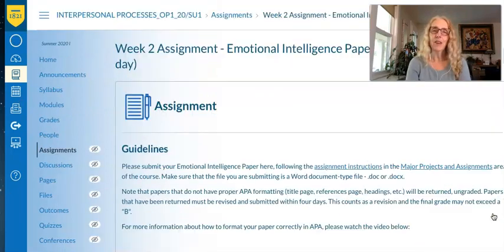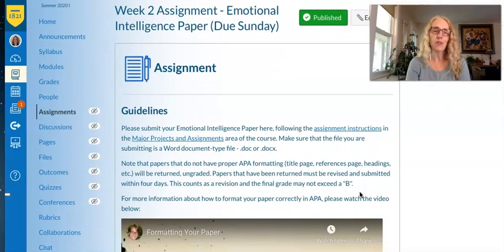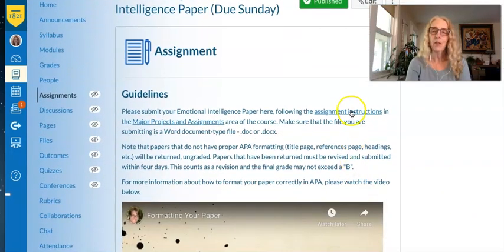And then here finally is your paper that's due. And if you go to the assignment instructions, that will be like what to do. And this is in the major projects and assignments, which is also where my video is for you. So the video, well, what is she going to do? She's going to read right from the instructions.